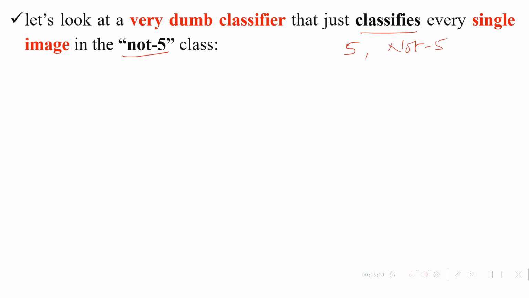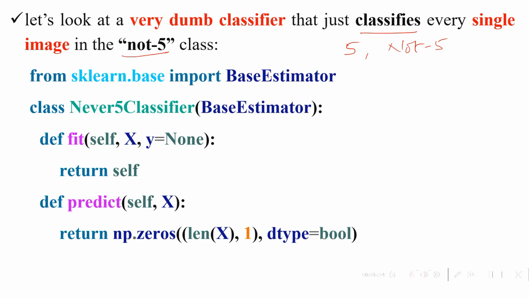From scikit-learn.base we import the BaseEstimator class and define a Never5Classifier. We define two functions: fit, with self, X and y equal to None, returning self; and predict with self and X, returning np.zeros of length X by 1 with data type boolean.